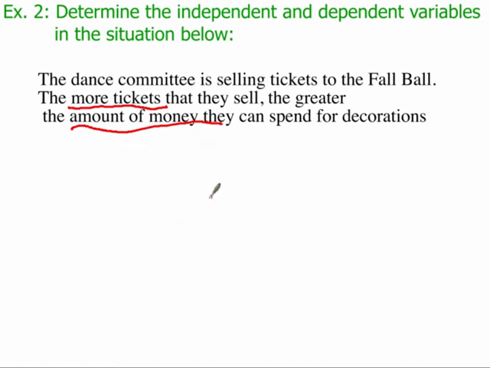Well, let's think to ourselves here. What is going into this problem? Are we saying they have more money, so they sell more tickets? Or are we saying they sell more tickets and that means they have more money? Obviously, the second choice makes more sense. As tickets go into the machine, we sell more tickets.